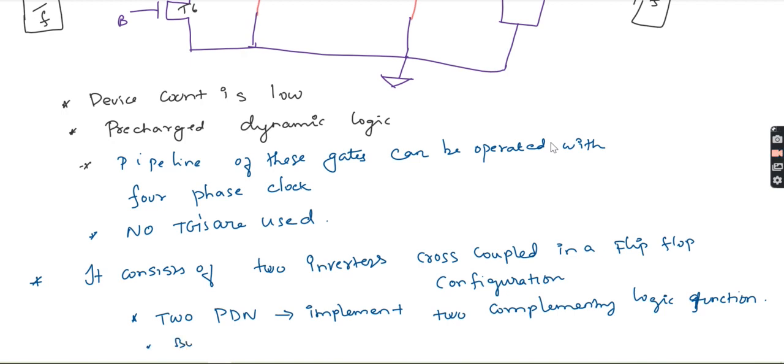So both the inputs and outputs are dual rail encoded.